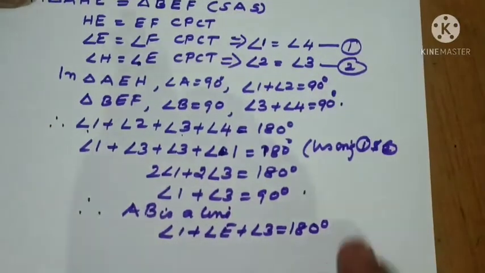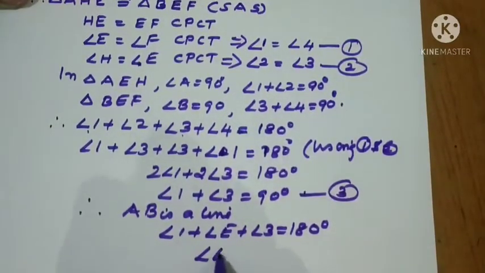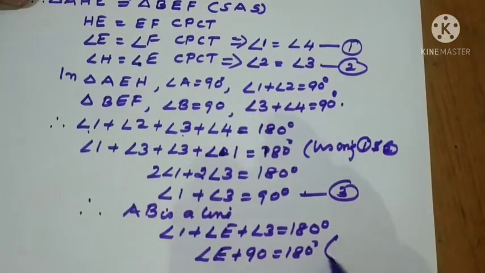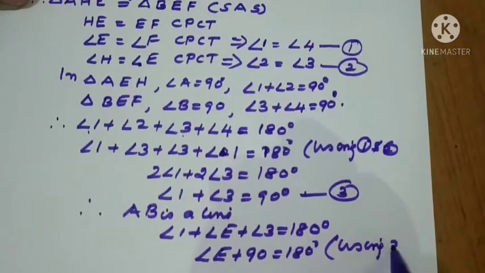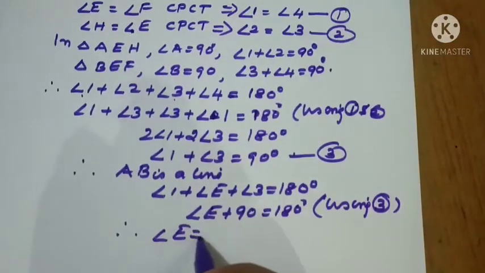What is angle 1 plus 3? Using 3, I can write here, angle E plus 90 equal to 180. So therefore angle E equal to 90 degrees.